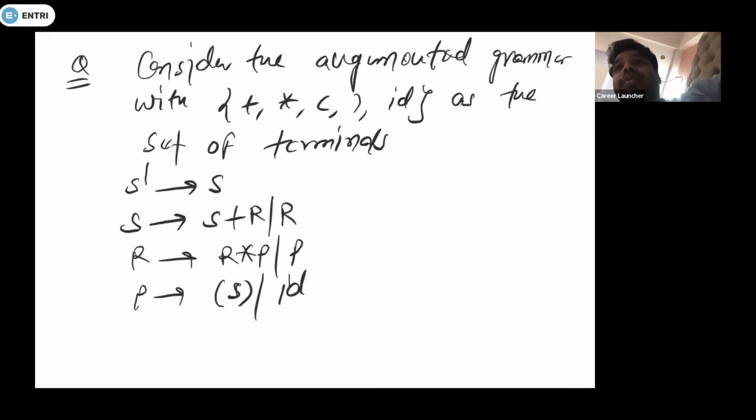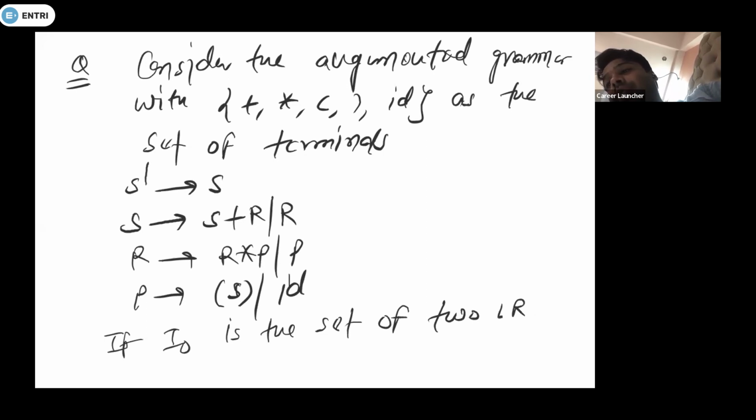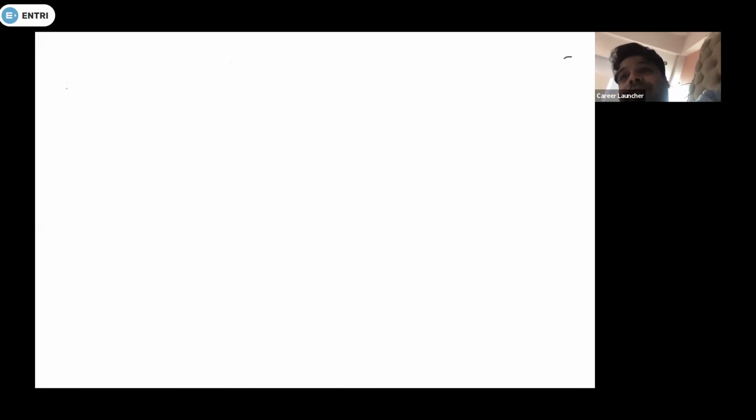Okay. So if I0 is a set of two LR0 items, it is given that I0 is the set of two LR0 items. What two items here?